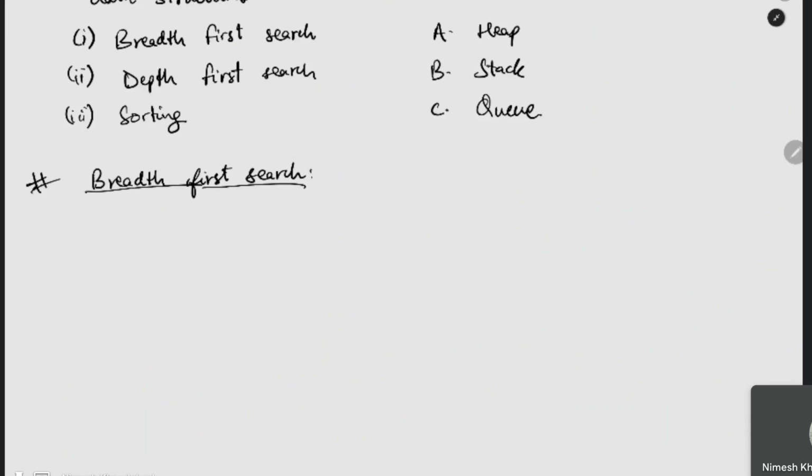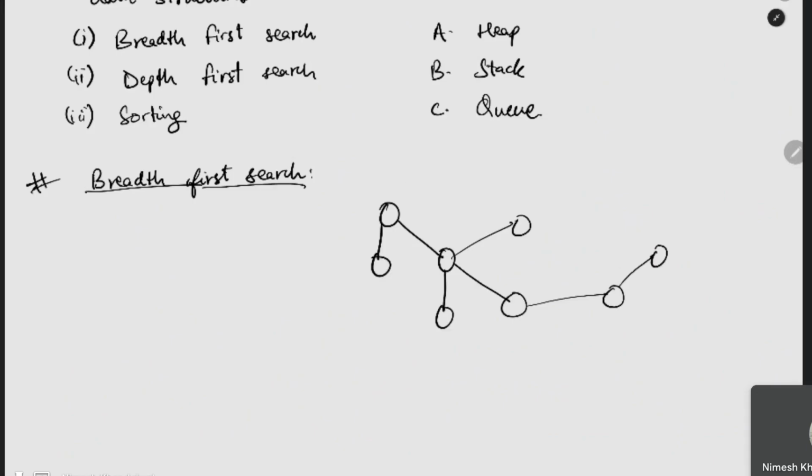So let's say we have a graph like this, and we start from this node. And then we, let's say, want to search for the G node.